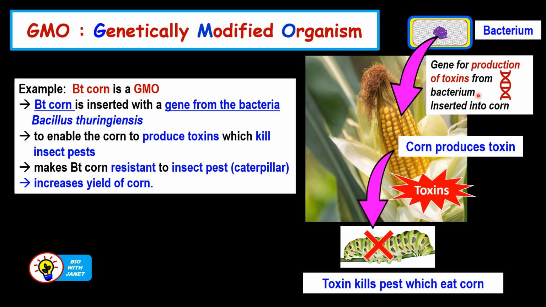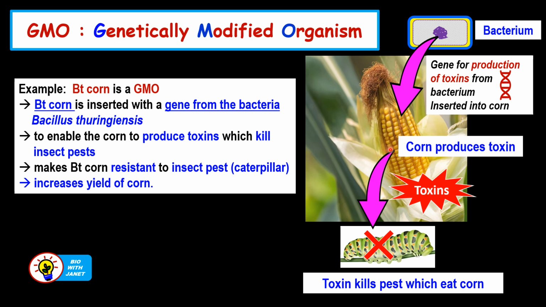When the gene is transferred to the corn, it becomes a genetically modified organism, and it is able to produce the toxins because of the code from that gene, which are poisonous to the pests.